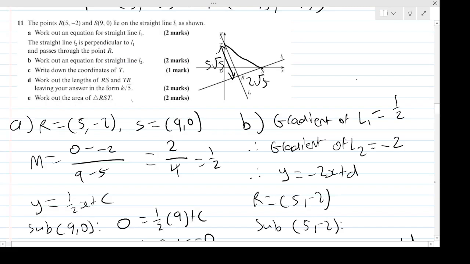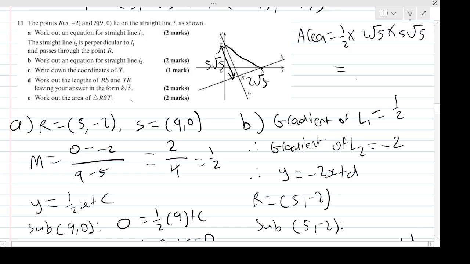That means the area is a half times base times height. The base is 2 root 5 and the height is 5 root 5. So we put all that in the calculator. Although you could easily work that out by hand, I'm too lazy.